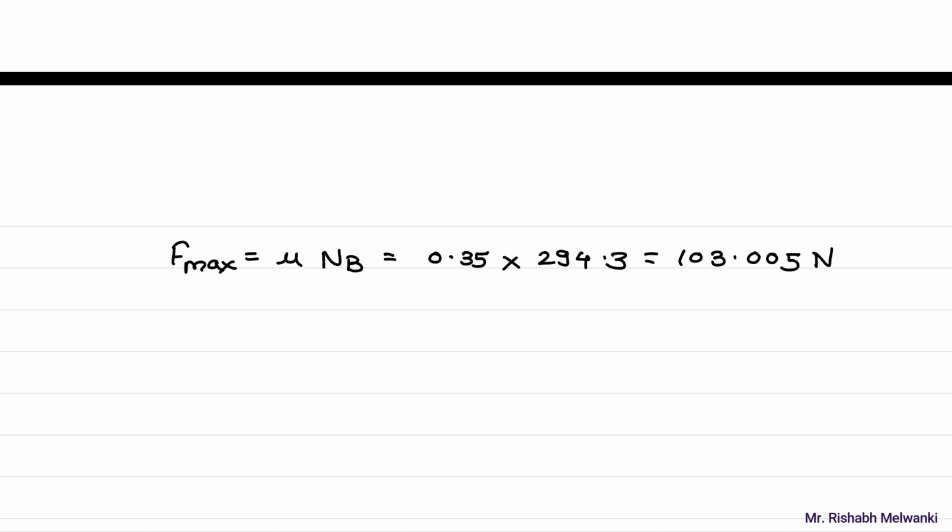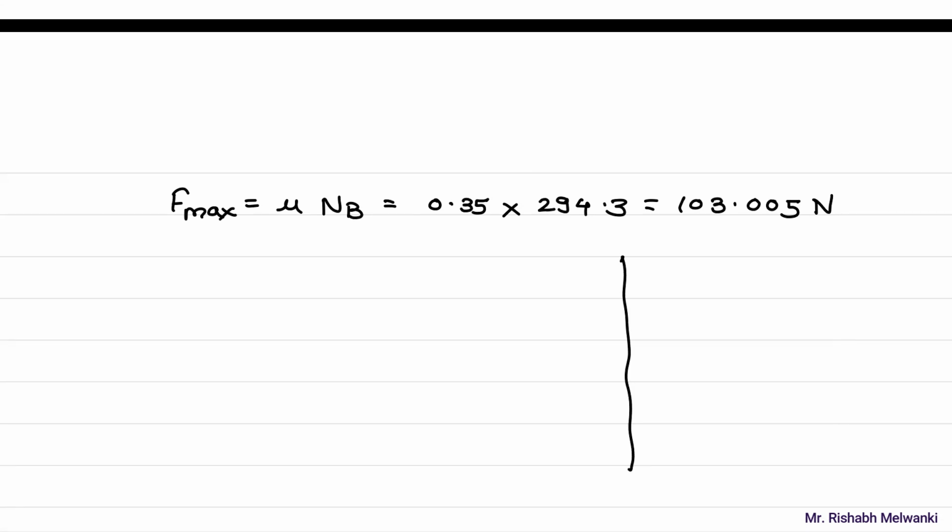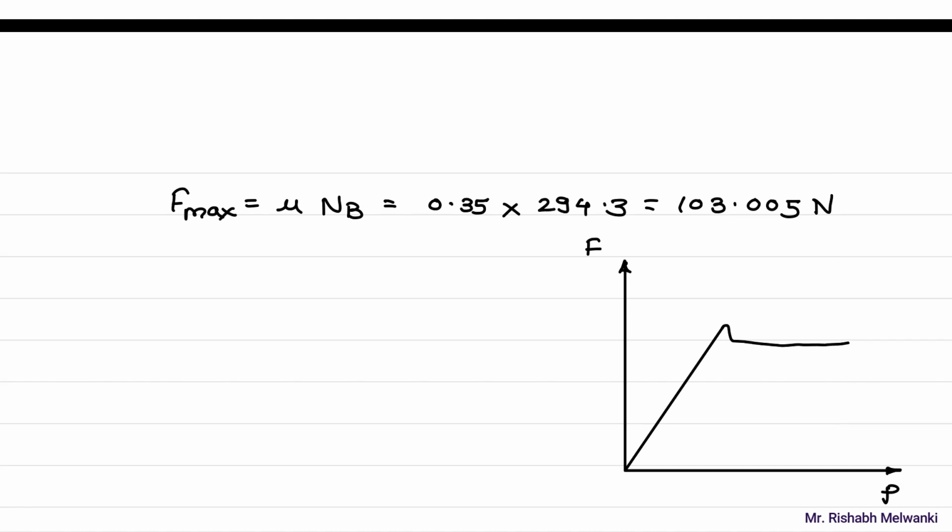Now if you remember the graph I had shown during the theory session: on the y-axis I have F, and on the x-axis I have effort P. Initially the graph is like this, then the graph becomes like this.